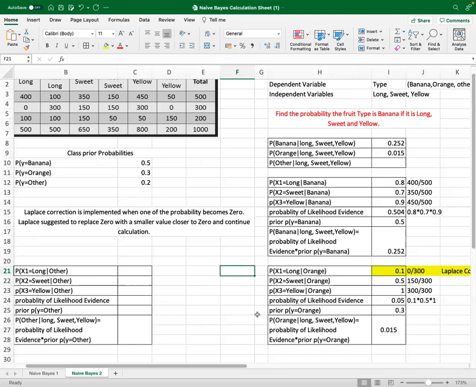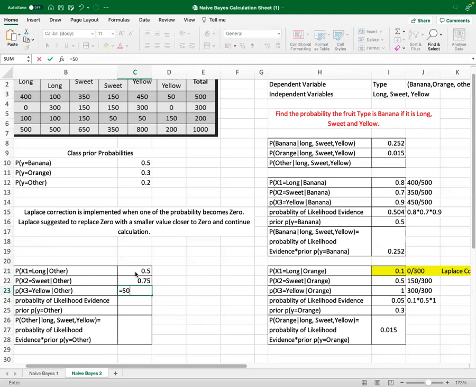Done, long and other. So how many longs are other is equal to 100 divided by 200. How many sweet are other? 150 divided by 200. How many yellow are other?